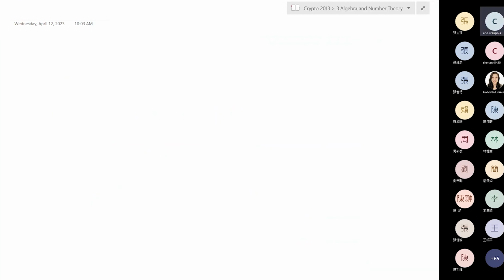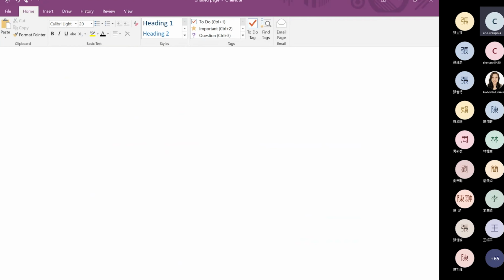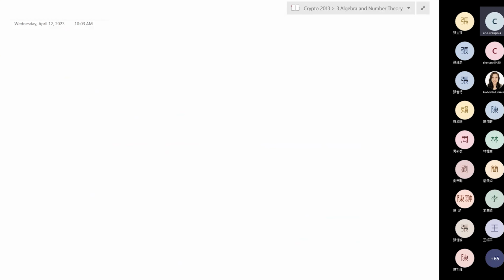Remember the extended Euclidean algorithm. Let me draft it down easily. I'll do all the computation and leave it for you, so that later on you can refer to this and understand what we've done.